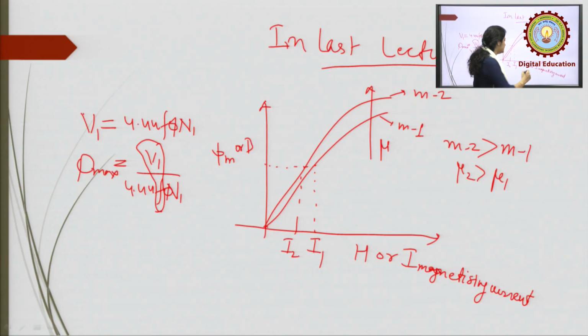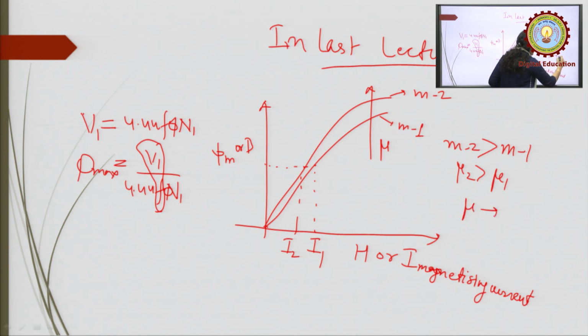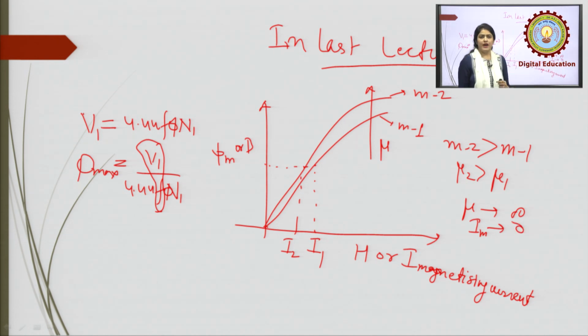If the permeability tends to infinity, the magnetizing current vanishes to zero. This we already discussed in the last lecture.